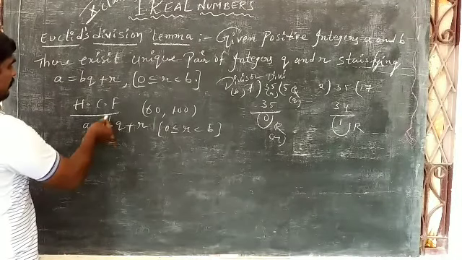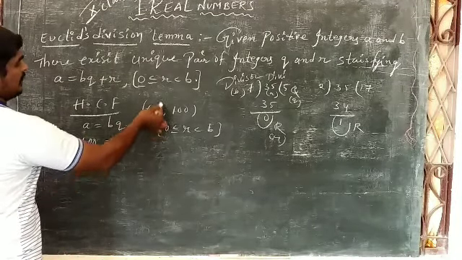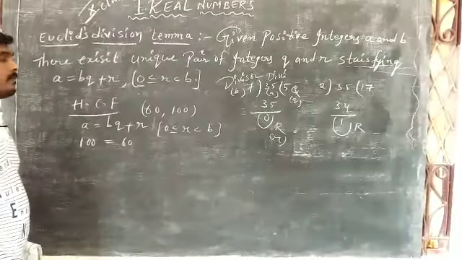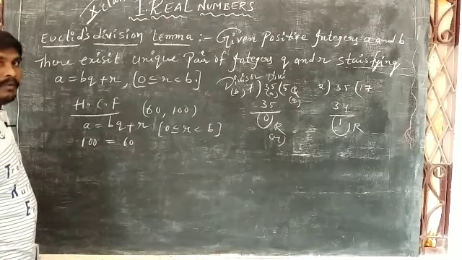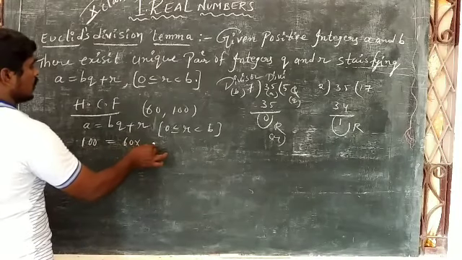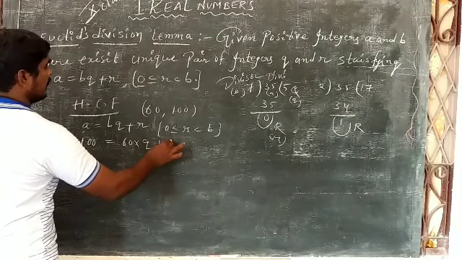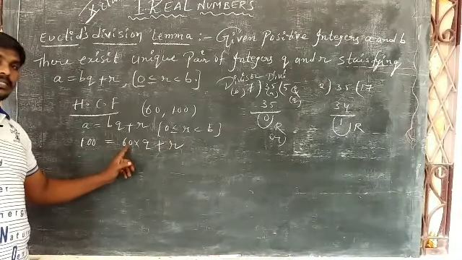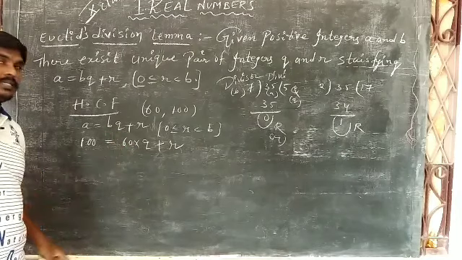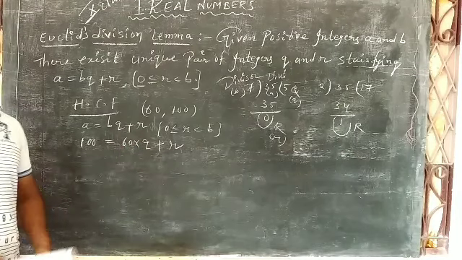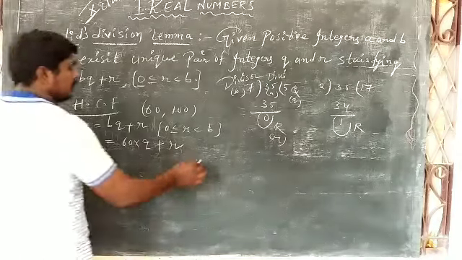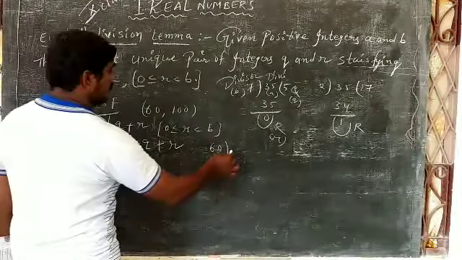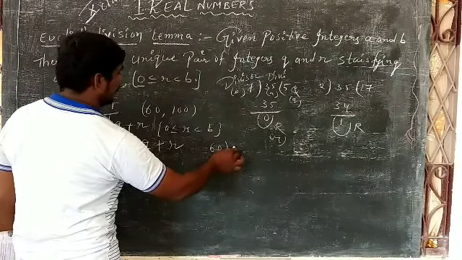Here b means, in these two, the smaller number. 60, that is b, can act as the divisor, and the quotient and remainder we want to find out. Dividend is equal to divisor into quotient plus remainder. So how to find out? By using the division method, we can find the quotient and remainder.